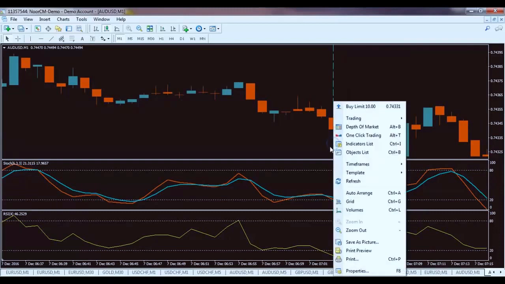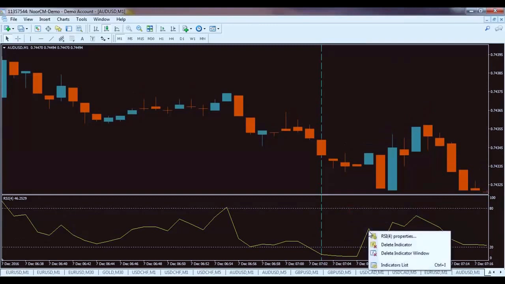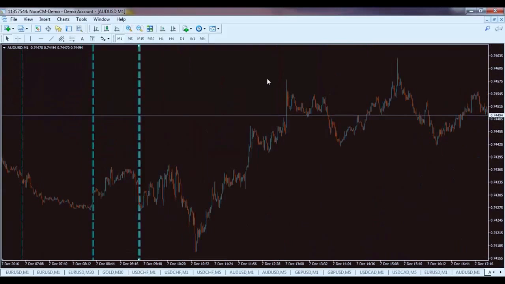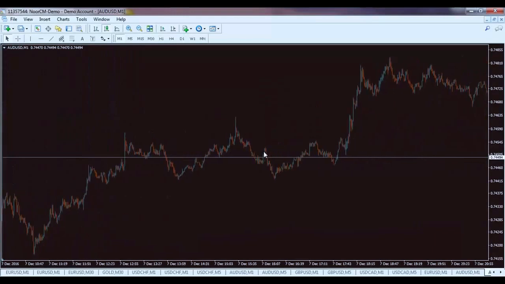Instead, I can show you. Let me remove all of these indicators. Let me show you how many trades potentially you would have if you trade price action. Very easy. I could have 1, 2, 3, and this one didn't collect, and 5.